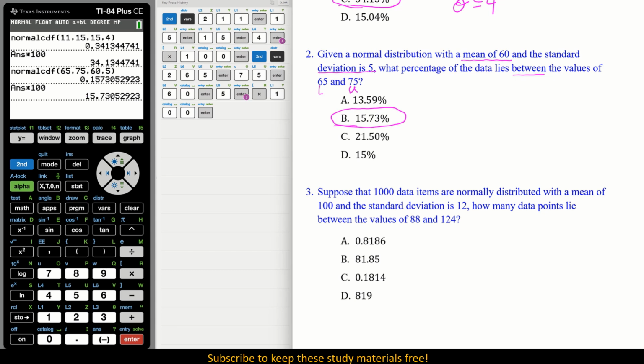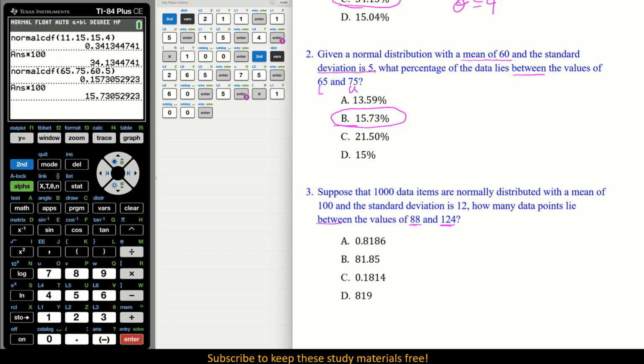How many data points lie between the values of 88 and 124? We use the same process we did before. We can use the numbers as is, go through the process, and then at the end, we deal with the 1,000. Let me show you how we can handle this.